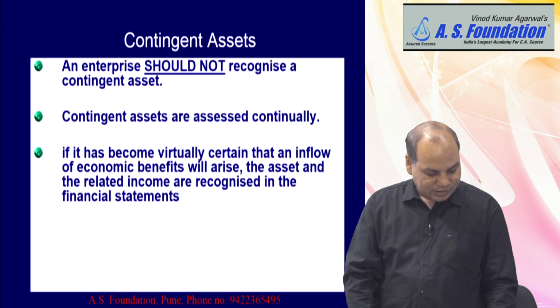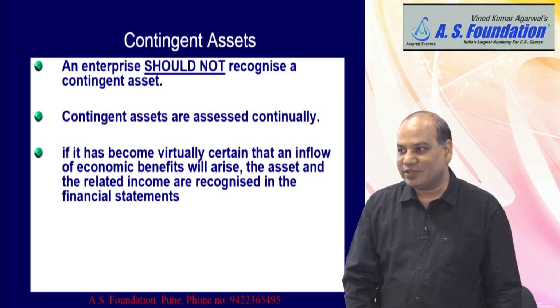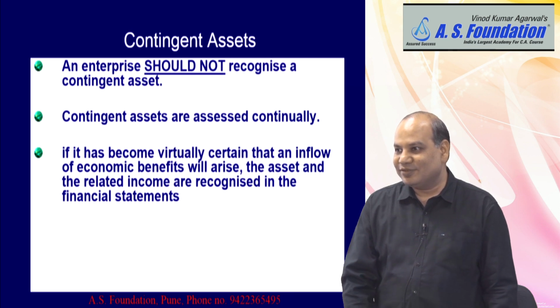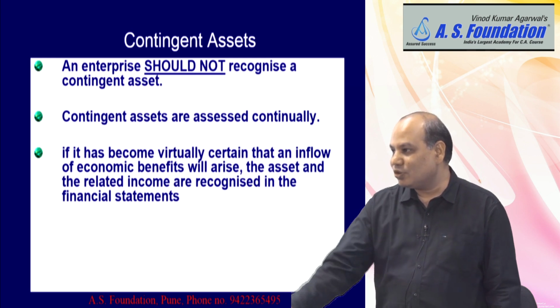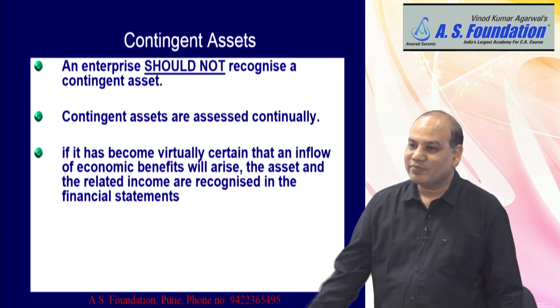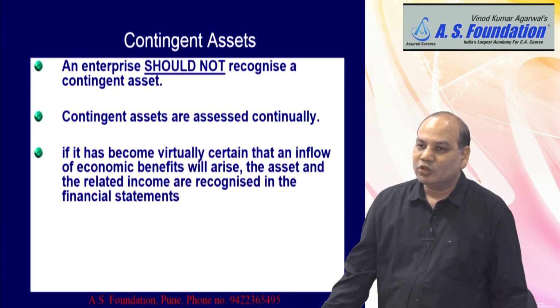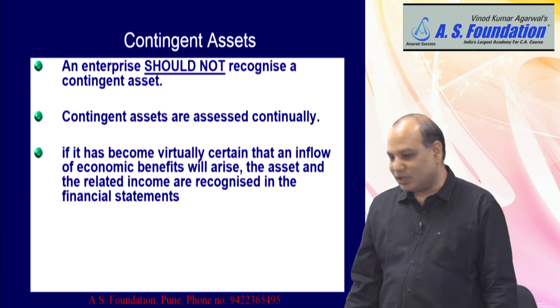Contingent assets are assessed continually means every year you have to check whether this is still a contingent asset or has it become an actual asset. Suppose you have actually won the case or lost the case, then it will become either an asset or a liability.